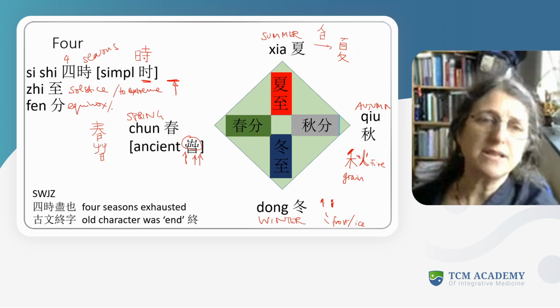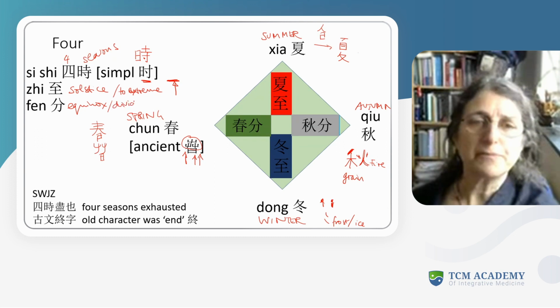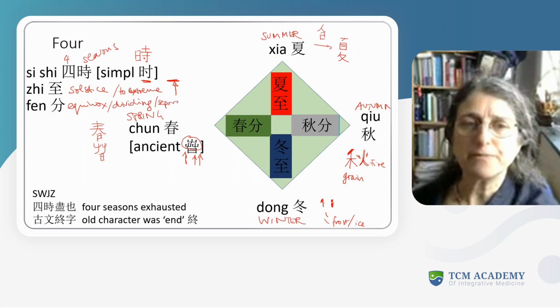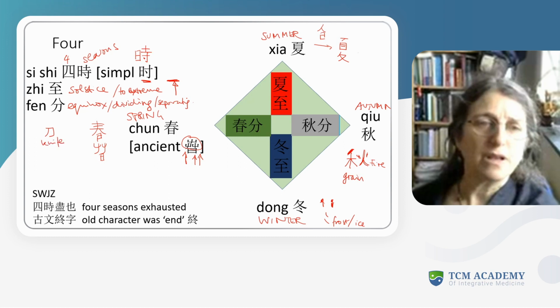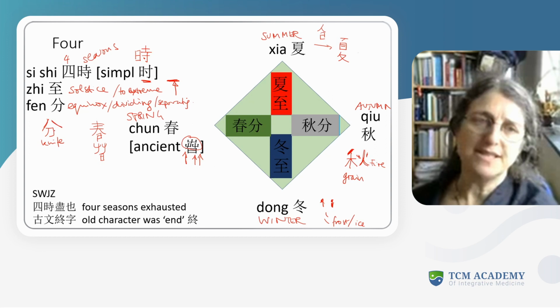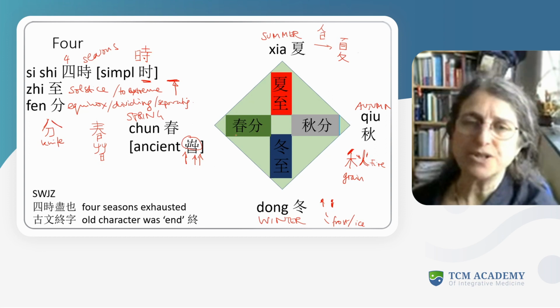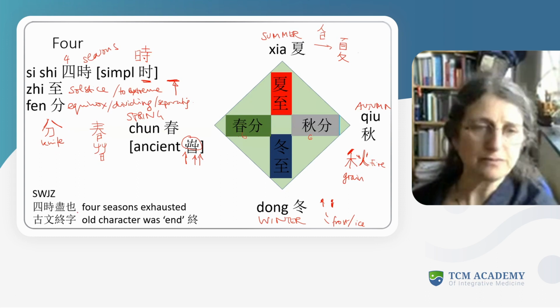It also means dividing, separating, something like that. And you can see that because this bit here is the knife, and this is separating 2 parts. And here we've got spring equinox and autumn equinox.